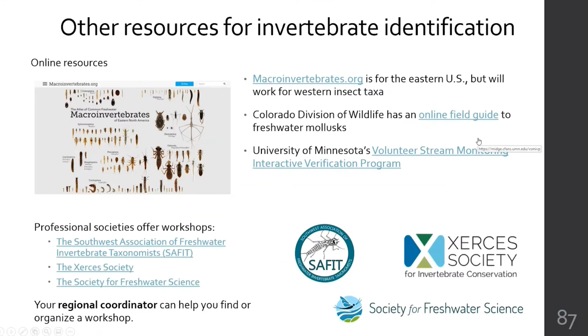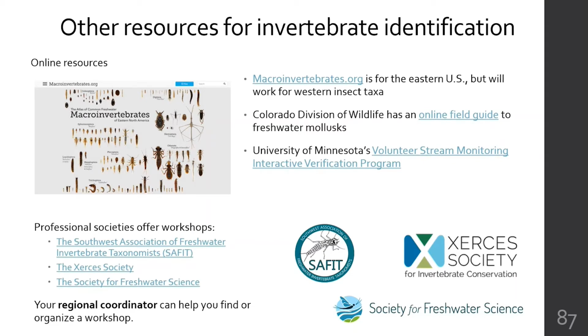There are a number of really good online resources. There's this website that I've actually been using a lot lately, an atlas of common freshwater macroinvertebrates of Eastern North America. Even though it's for the East, it works very well for Western taxa at the family level. The website itself has a great interface, really high quality images with diagnostic features highlighted.